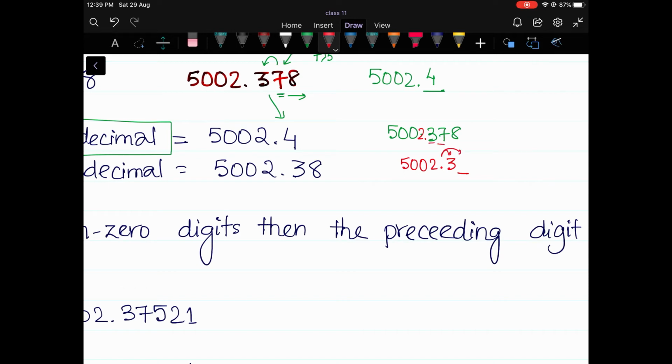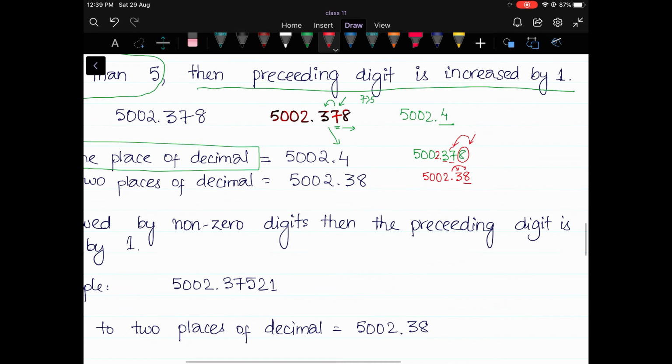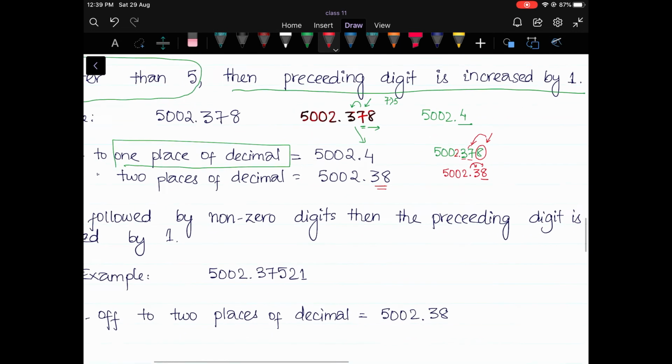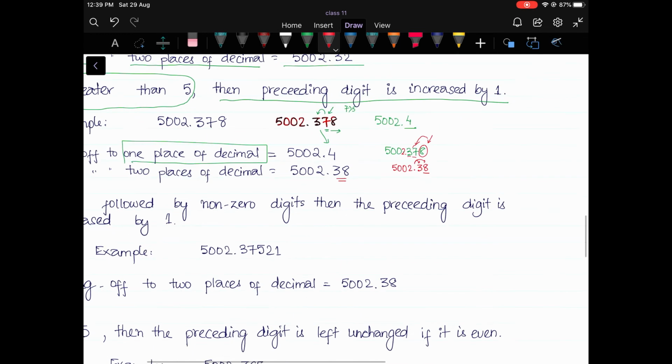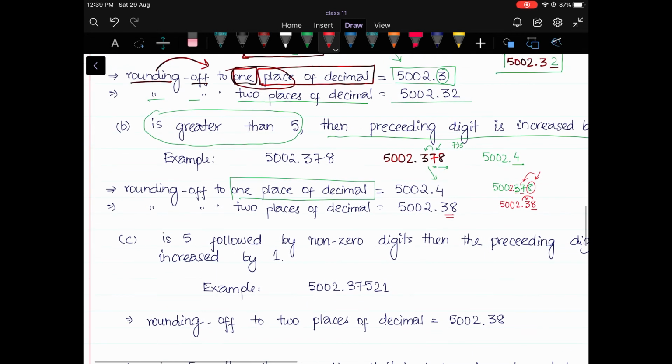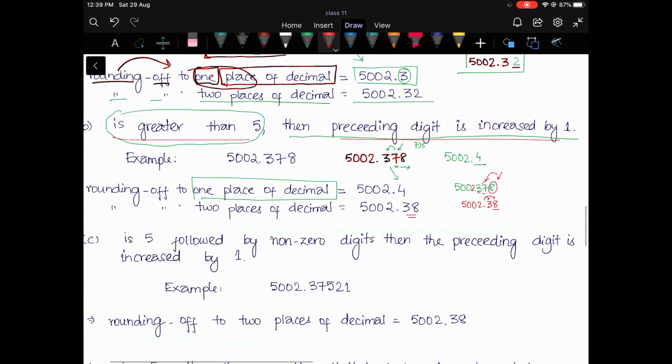So this is the digit I'm going to drop, but since the digit that I want to drop is greater than 5, I must increase the preceding digit by 1. That means I'm going to get here 8. So the rule is very simple. If the digit that has to be dropped is greater than 5, then we must increase the previous digit.